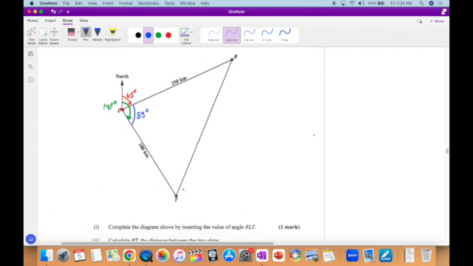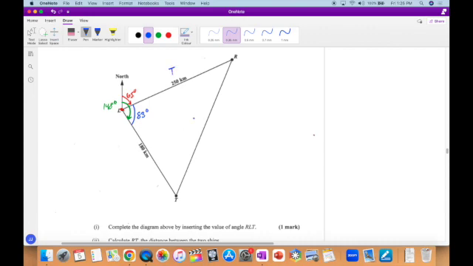Calculate RT, the distance between the two ships. Well, this is interesting because, as you could see, I have the angle with the two sides on either side of the angle. So that tells me that I'm going to be dealing with the cosine rule.